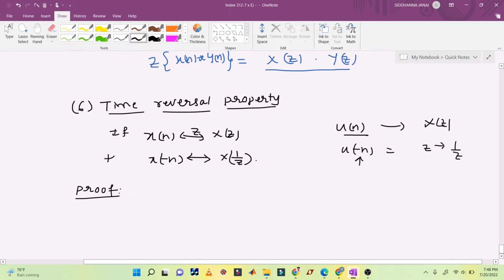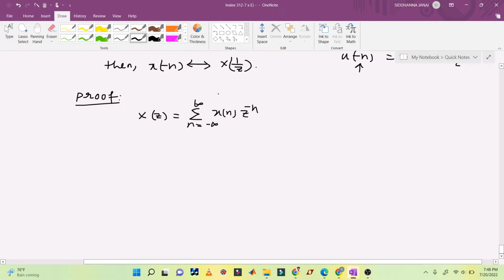The proof of it is, consider X of z first, summation n is equal to minus infinity to plus infinity x of n z power minus n. This is our standard equation. Now if I change or reverse the time, instead of n I am writing minus n, z power minus n.